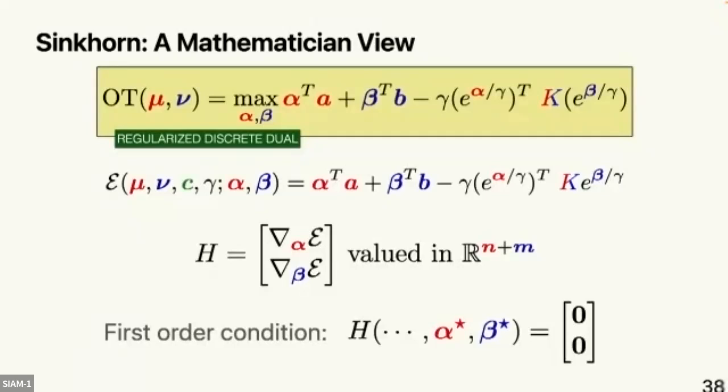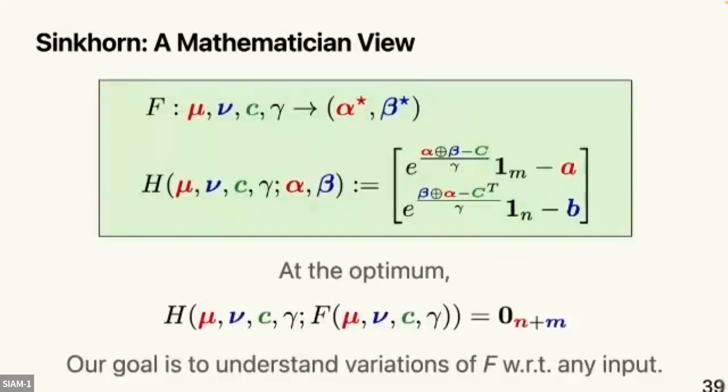By definition, we have converged when that map is equal to zero on the right-hand side. So this is the root equation that we're going to differentiate to characterize the differentiability, or the variations, of those optimal dual variables with respect to inputs.